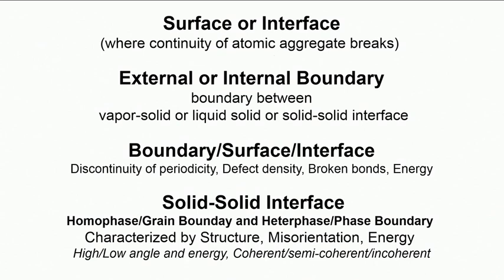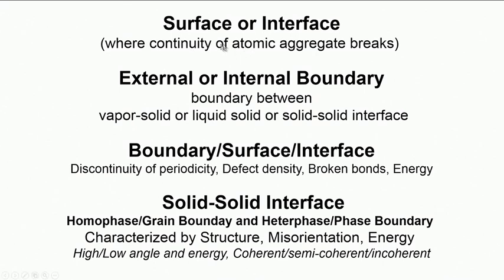For that matter, if you take any solid, no matter what you have inside, it certainly has an outer contour, and that is where it interfaces with the surrounding or with the atmosphere.